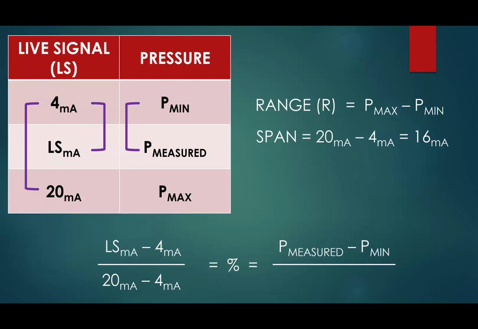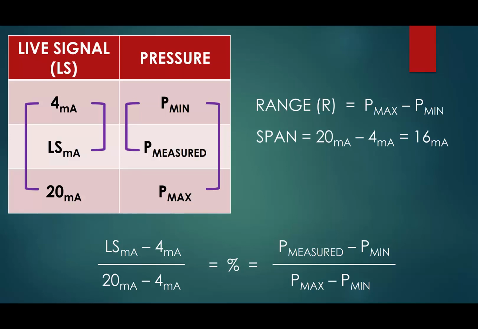So the measured pressure minus the minimum, just like we had LS minus 4, we have the measured pressure minus the minimum, divided by that total possible range of values, the maximum minus the minimum, is the same percentage. That's why whatever percentage the span has moved, our measured value, in this case pressure, has moved the same percentage through its available values.